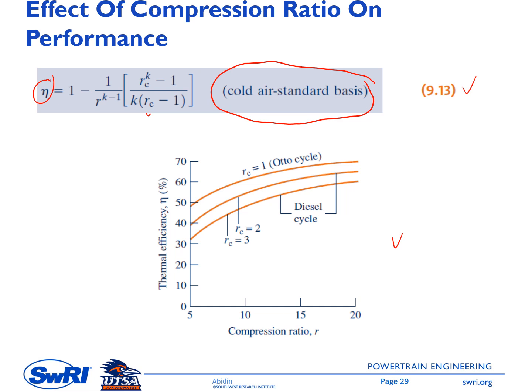This is the ratio between V3 and V2. For the Otto cycle, V2 equals V3, so it means RC equals 1.